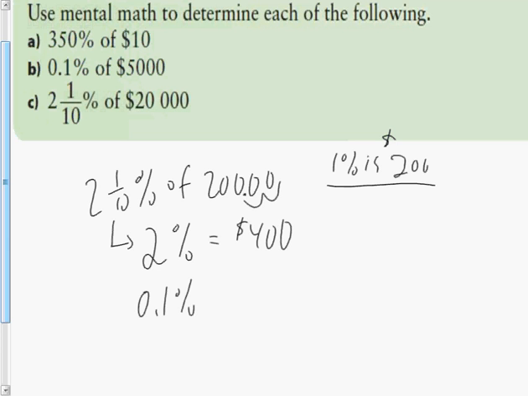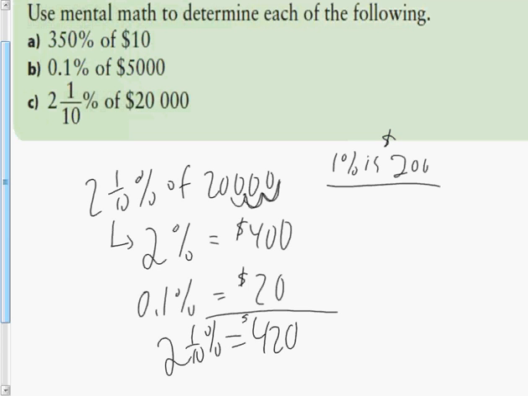And to find a tenth of a percent, I would move my decimal 3 times, so a tenth of a percent would be $20. Therefore, 2 and a tenth percent is $420.